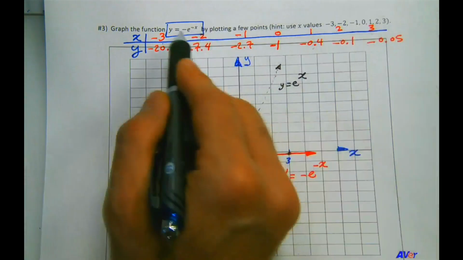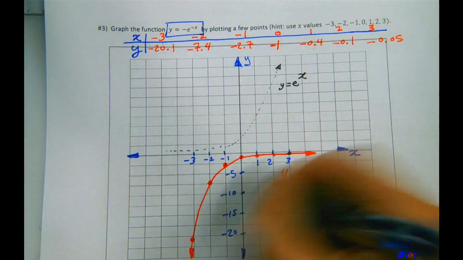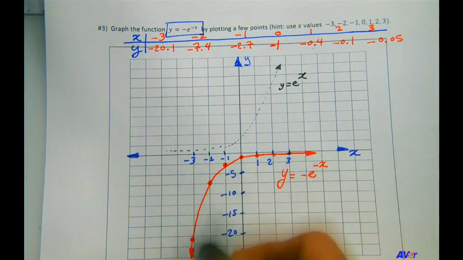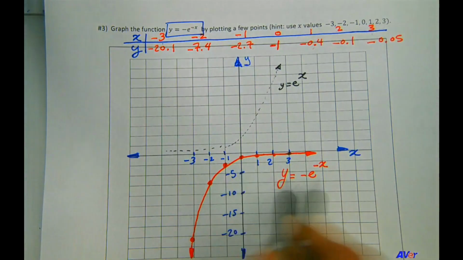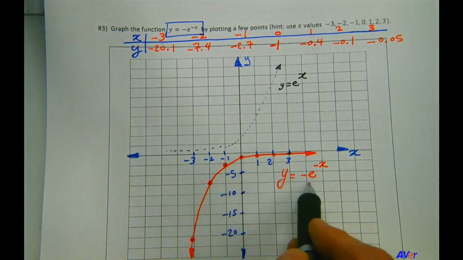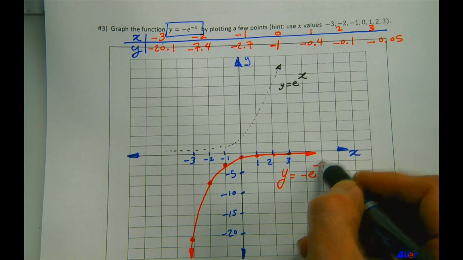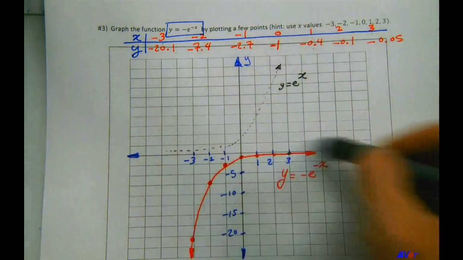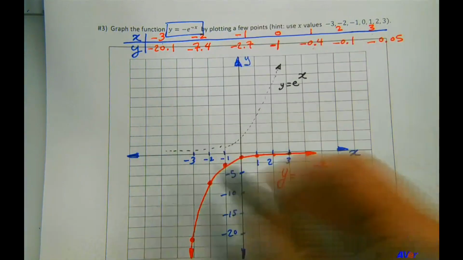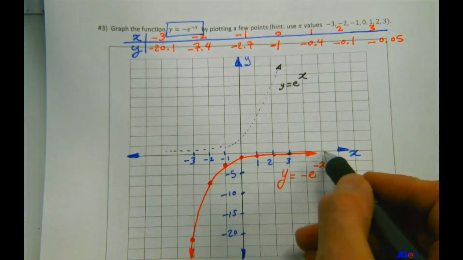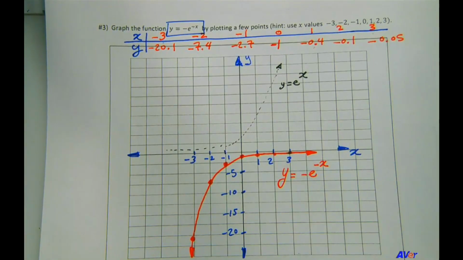And then this minus in front of the e would flip it across the x-axis, as you see this final function shows itself after we plotted the points. So this minus in front of the x would make this a decreasing function first, and then this minus in front would flip it so it would become an increasing function. If you notice these connections, that's very, very important.